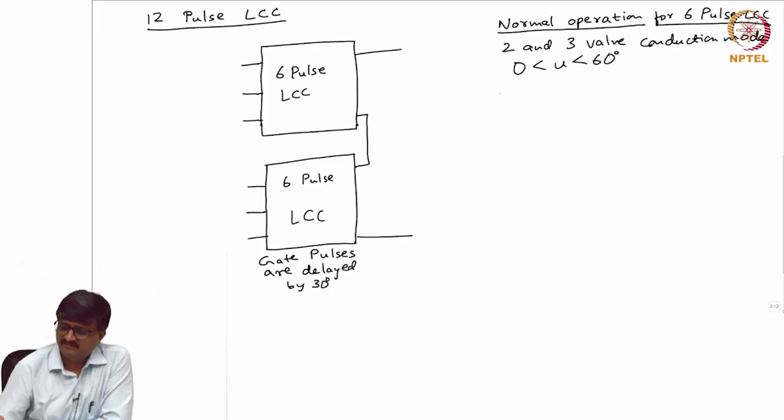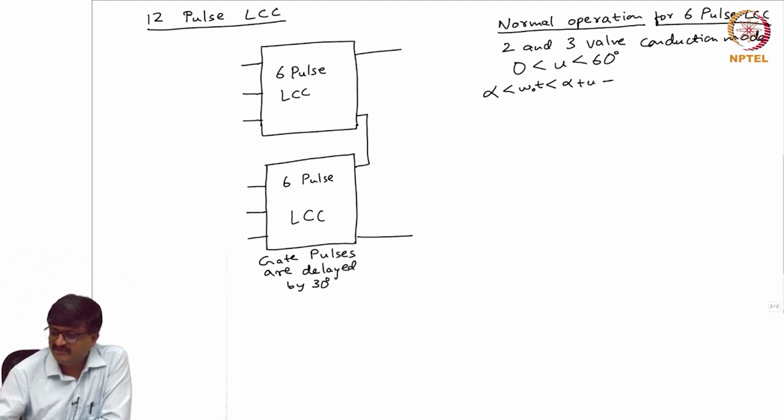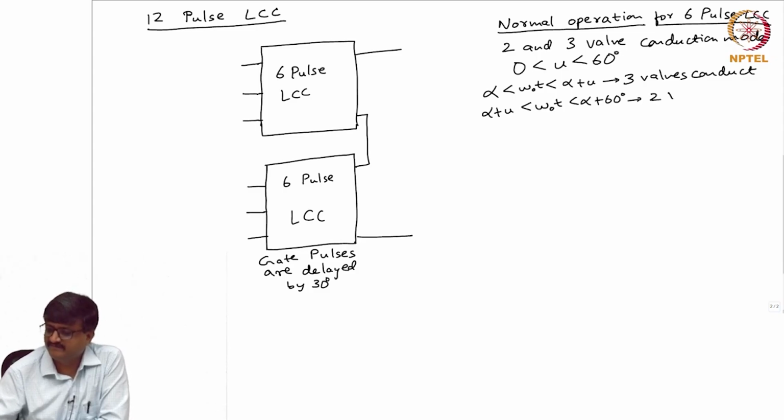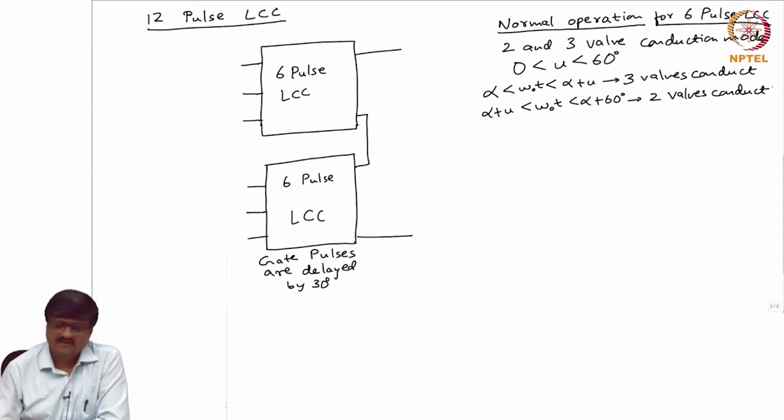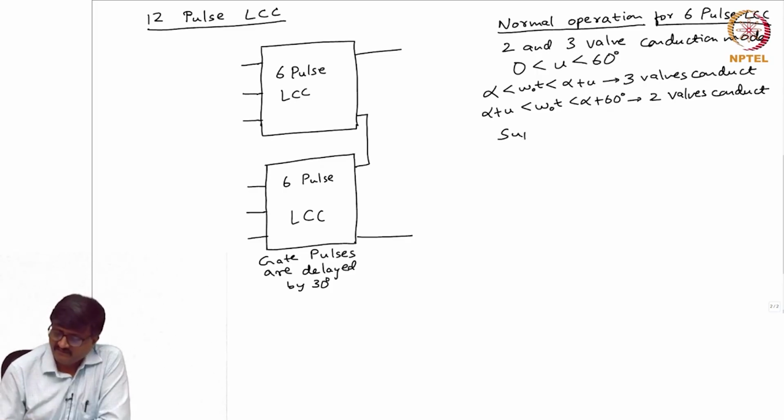Let us take, say, the first subinterval of any 6 pulse LCC, from alpha to alpha plus u. Here how many valves conduct? 3 valves conduct. And from alpha plus u to alpha plus 60 degrees, two valves conduct. Now, let us consider different cases.